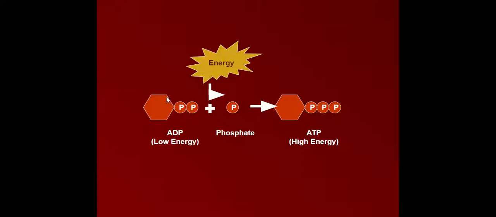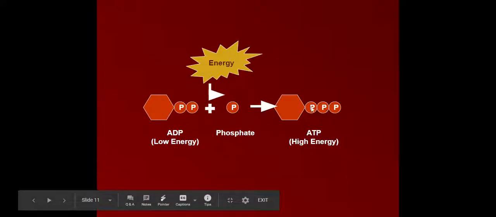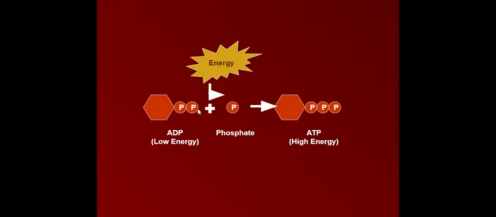So basically what's being shown here is that if we have ADP, this one here with low energy, in order for us to make ATP, we have to add a phosphate group to the other phosphate group of ADP, in order for us to have 3 phosphates in a chain. The way we add a phosphate to the other phosphate here is by adding energy. Energy is needed in the form of ATP so that we can create that bond between the phosphates.